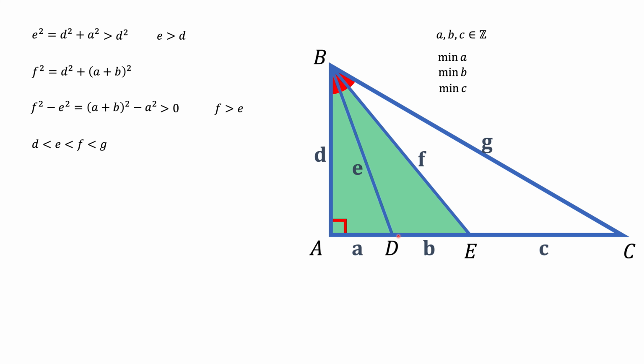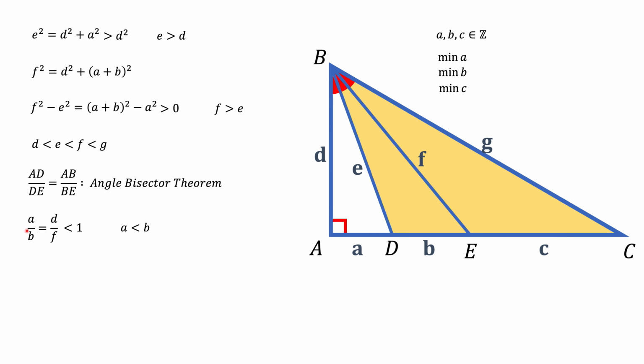And every time you see angle bisectors, you should think about the angle bisector theorem, which says that the ratio of the segments AD to DE equals the ratio of the sides of this triangle, AB and BE. Another way we can write this expression like this. Now we just showed that d is less than f, but that would mean that a is less than b.